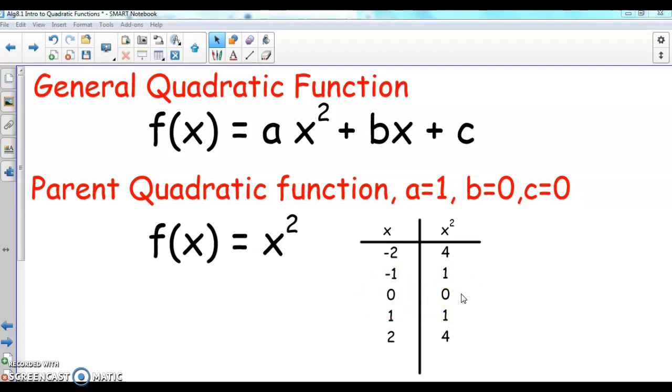The axis of symmetry is the line that cuts your parabola into two equal halves, and the axis is given by x is equal to 0. So there are a lot of patterns that you must remember when you are interpreting key features of parabolas.